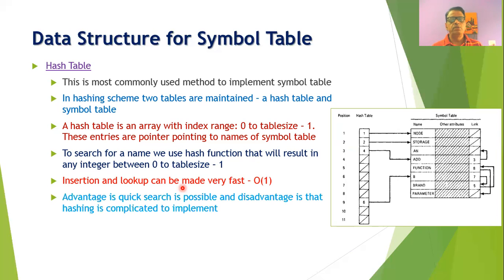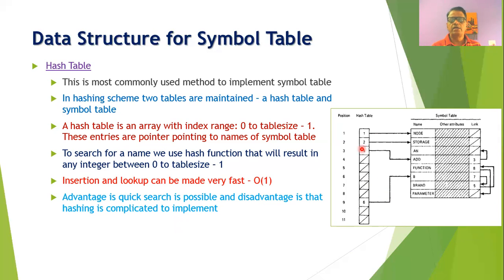The advantage of this data structure is that quick search is possible, but the disadvantage is that it is necessary to write the hash function, and writing the hash function is very complicated. So it is not an easy thing to implement the hash function. Once you are able to write the hash function, then one can easily implement it as shown in this diagram.